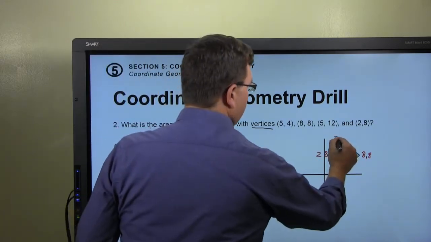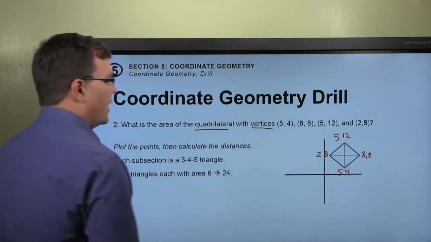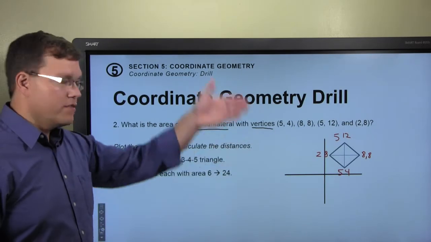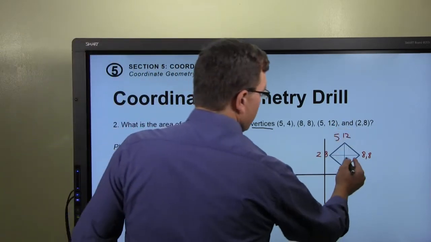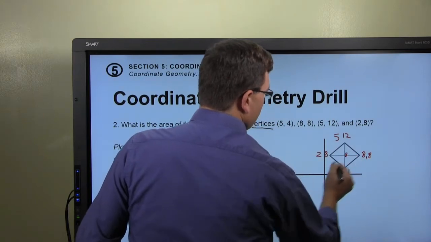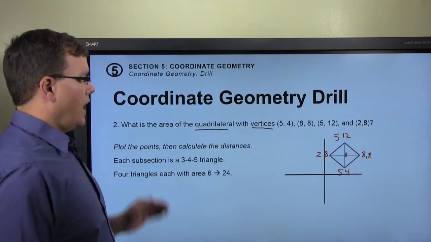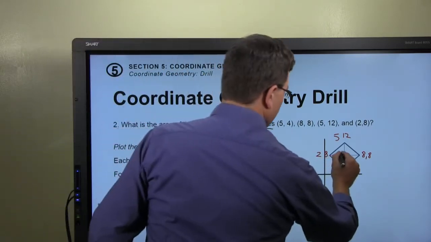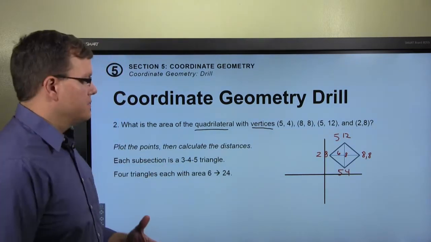Then we have 5, 12, and we have 5, 4. Now, what are the distances in terms of the vertical and in terms of the horizontal? The vertical is going to be a distance of 8, from 12 to 4. And for the horizontal, it's from 2 to 8. So this is going to give us a distance of 6. So we have 8 and we have 6.